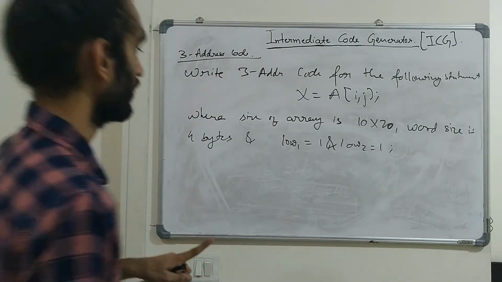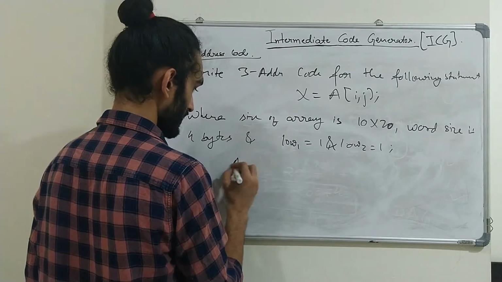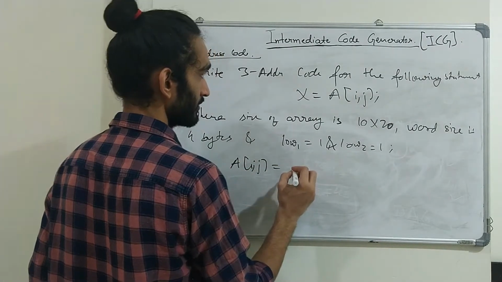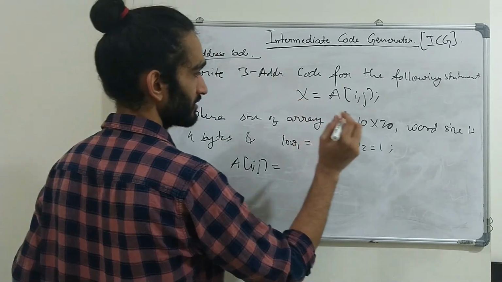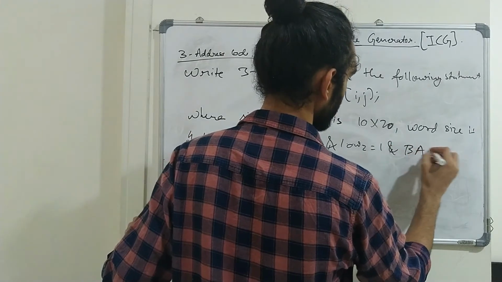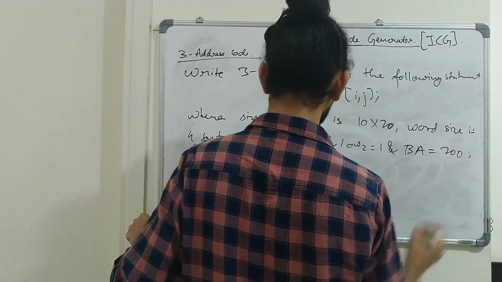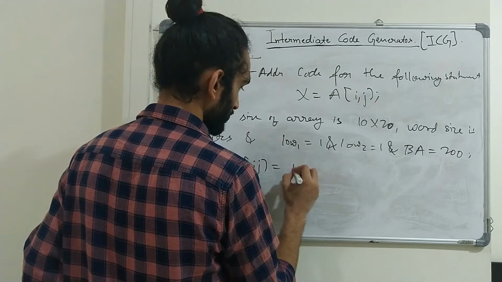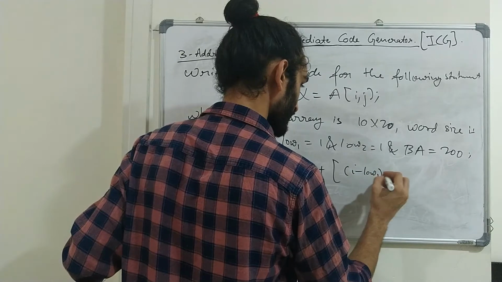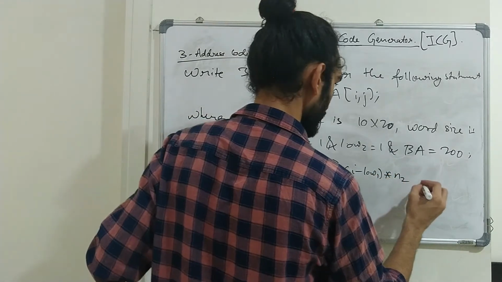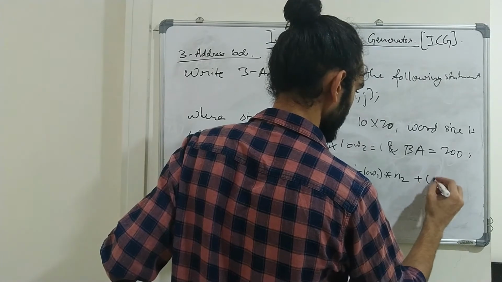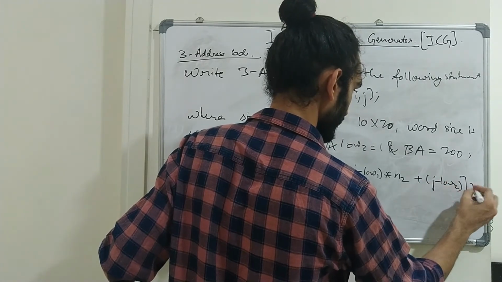So what we are going to have is A[i, j]. One piece of information is missing here, which is the base address, and the base address is equal to, suppose, 200. So A[i, j] is equal to base address plus (i minus low1) into n2 plus (j minus low2) into w.